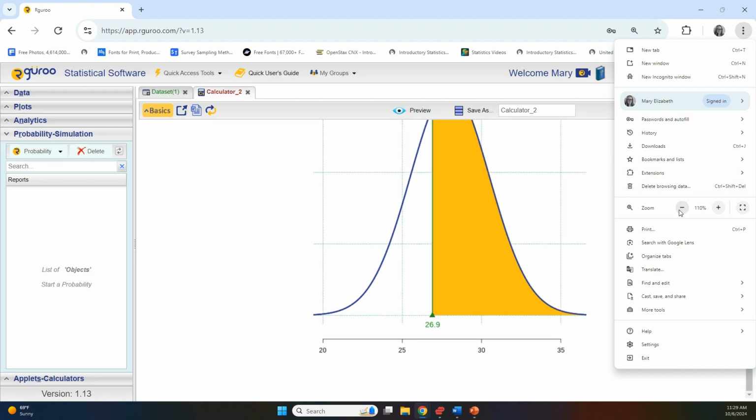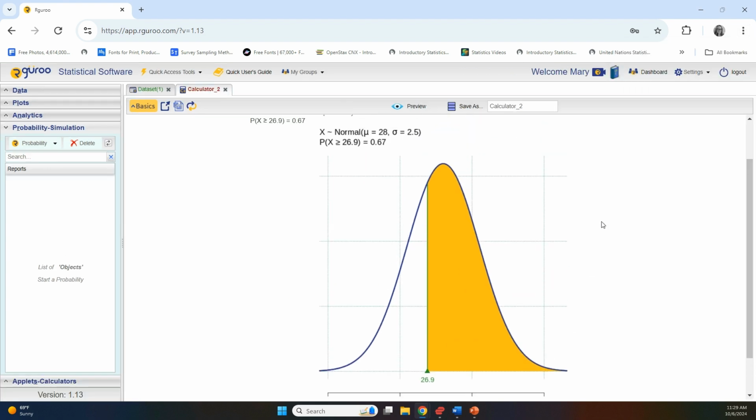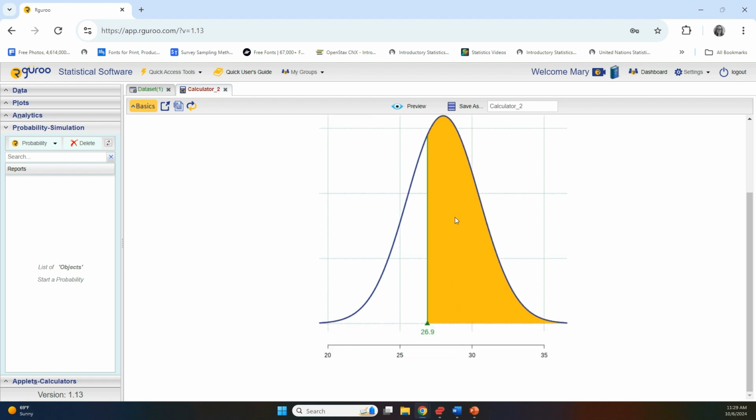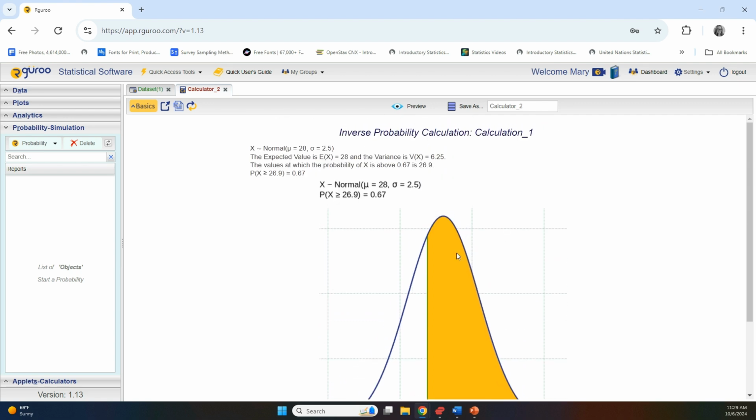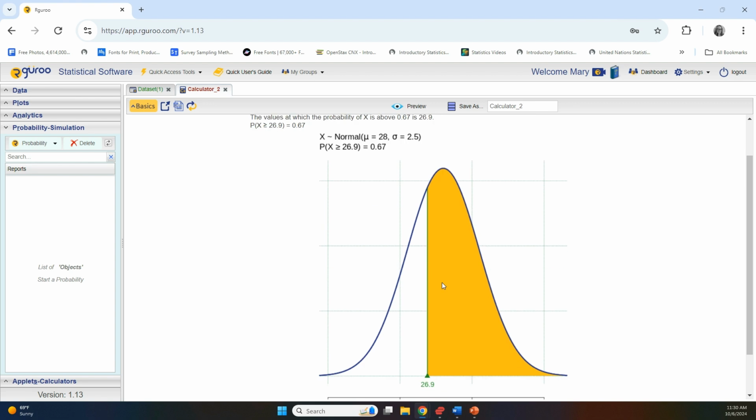Take the zoom away so we can see more of it. There we are. And you can see that there's the curve. To the left of the center is 26.9, so almost 27, shaded in yellow. Ours was shaded blue, but 26.9, almost the random variable being 27, would force 0.6700 to the right in the upper tail.